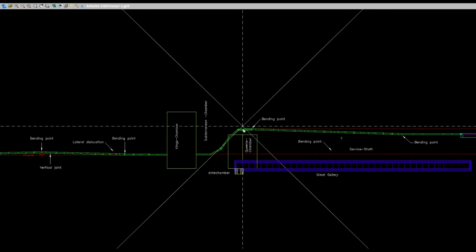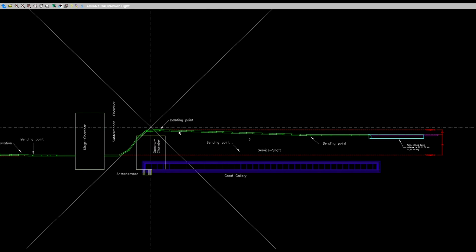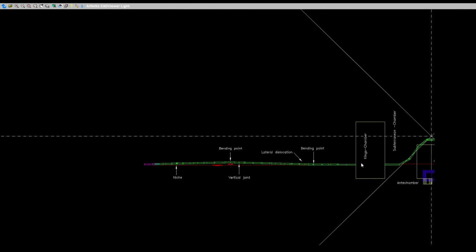It goes here, and then slight turn to the right, and then to the left, and then continues straight. Turns left, so the end of it is quite straight. On the southern one, it's straight, then bends to the right, and then bends to the left. And here's the niche.